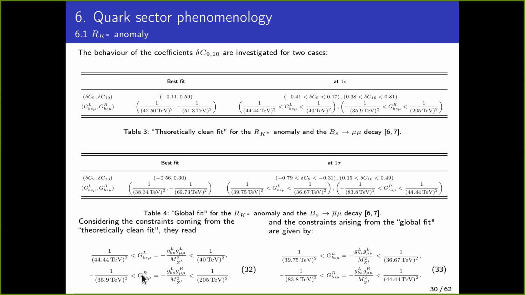Whereas if you take a look at the right-handed Wilson coefficient, its behavior is quite different, because in the theoretically clean fit, the negative contribution is much more dominant compared to the positive contribution, which is very close to zero, whereas this has a much larger value on the negative side. If you look at the global fit, the negative contribution is much smaller than its positive contribution.